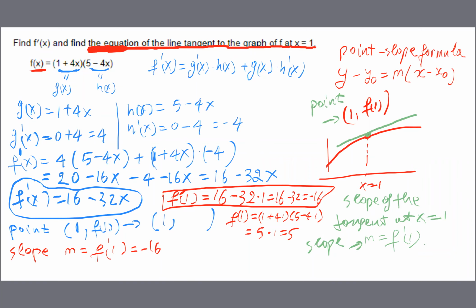Okay. That's why we have to check after ourselves. It's easy to make a mistake. So we're looking at the point 1, 5.